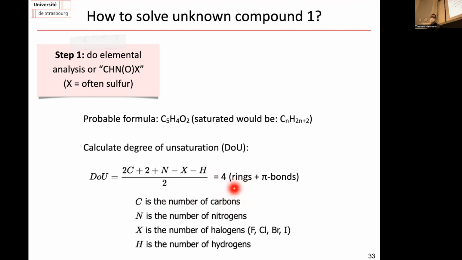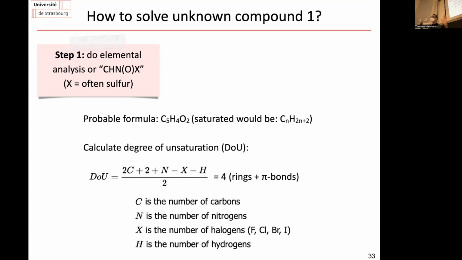So we probably have either 4 double bonds, or 1 ring and 3 double bonds, or something like that. But based on this formula, more than 1 ring, I don't think so. So we have 1 ring and that.